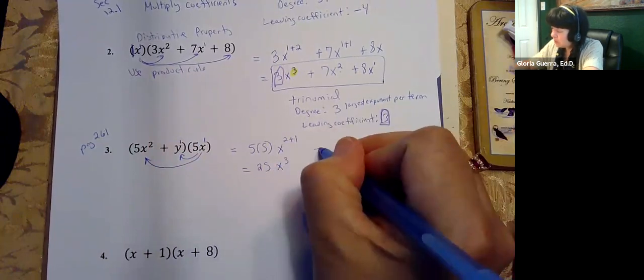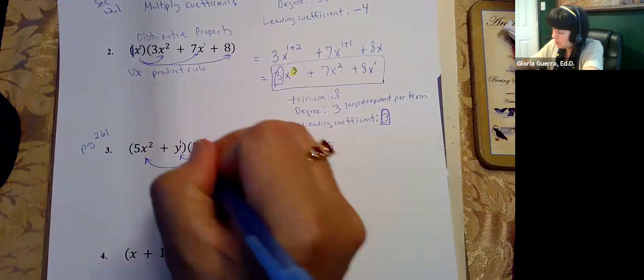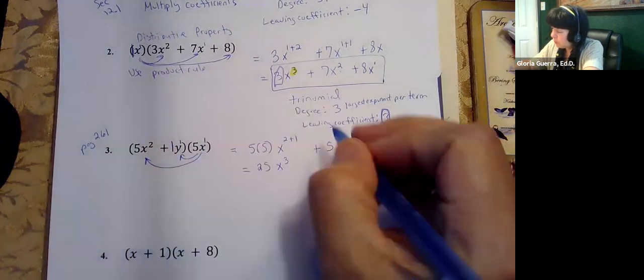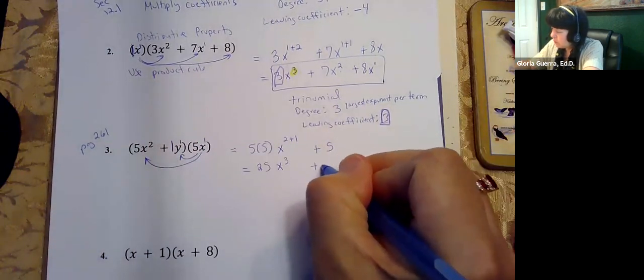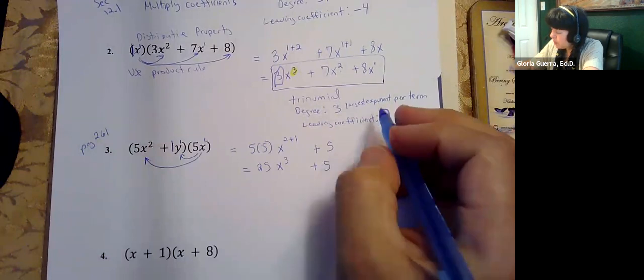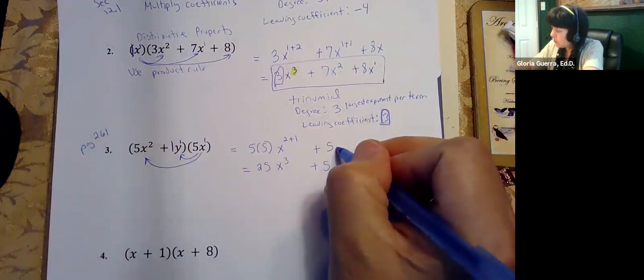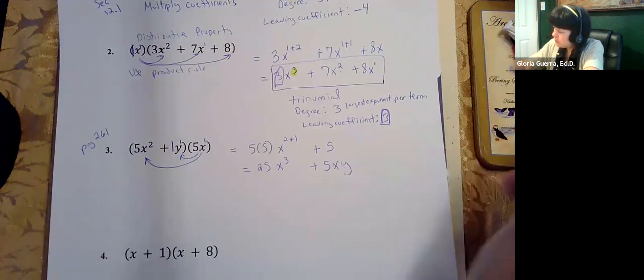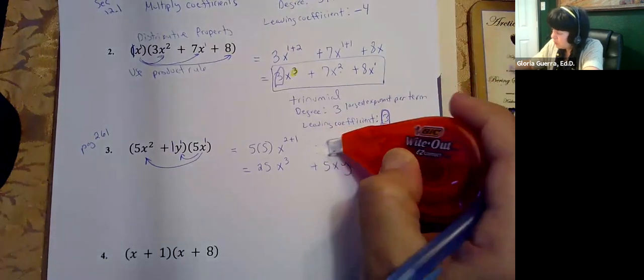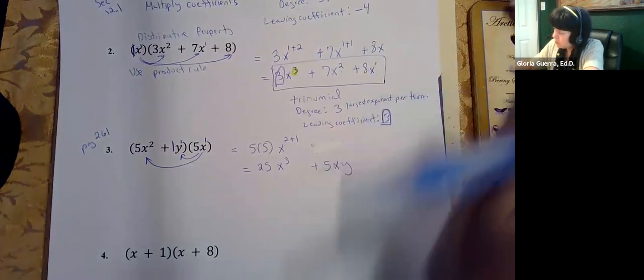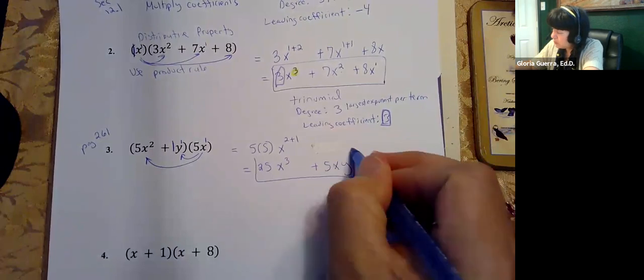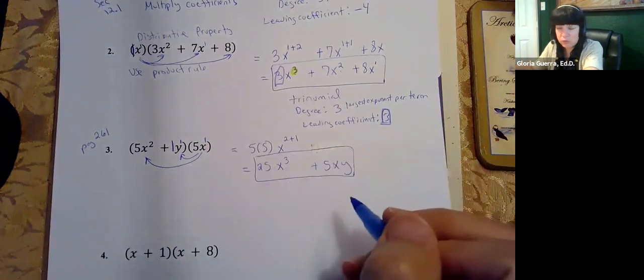And then plus 5, because this is times imaginary 1 there. So that's just 5. And then xy. So let me put it here, so I'm not rewriting it over and over.